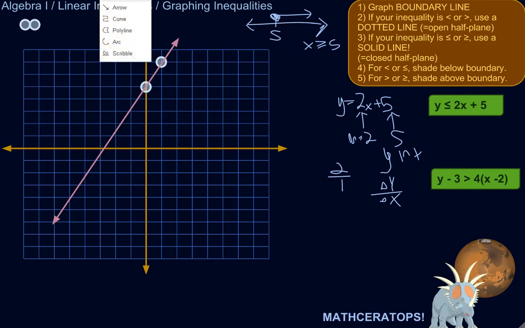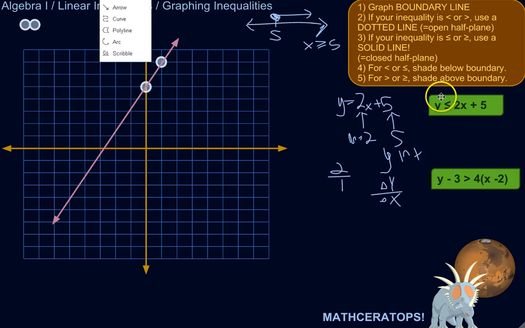And if for some reason it's not apparent to you from the way the inequality is structured which side of the boundary you shade in, you can plug in a point. Just pick a point on one side of the line, let's say 2, 3. Plug the x and y coordinates of that point into your inequality.